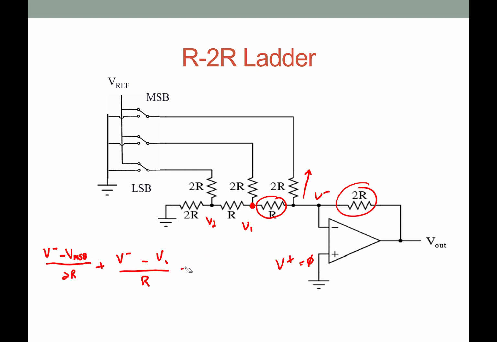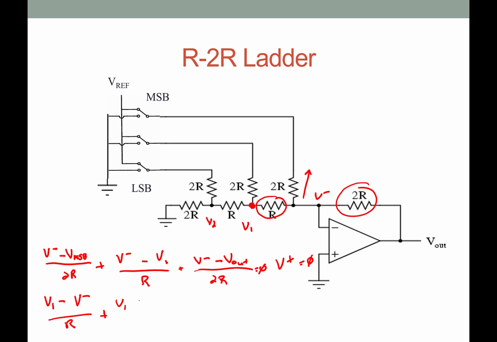Oops, forgot one. Plus V minus minus V out over 2R equals 0. And then I have to write the equation here, which will be V1 minus V minus over R plus V1, and let's just, so this one only has 3 bits basically that we're looking at here.